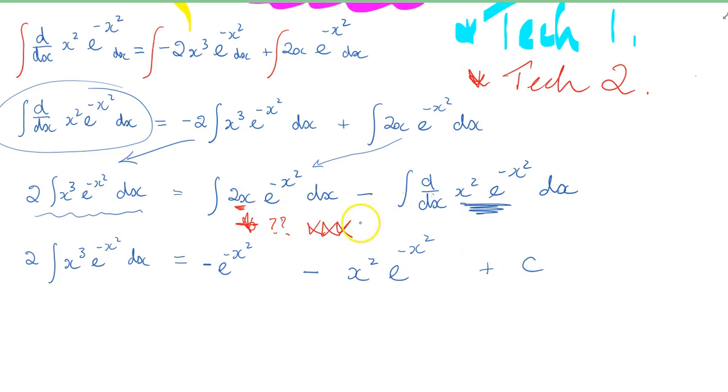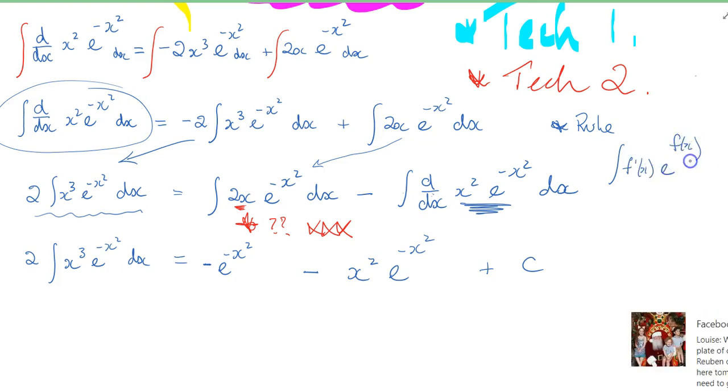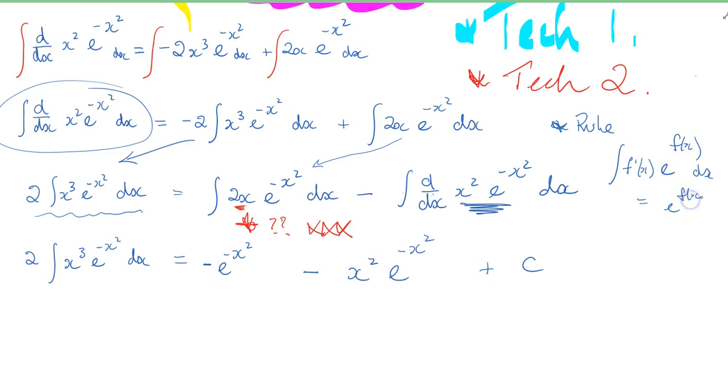Now, at this point here, recognizing that we've got the function in the derivative of the function in x, we might have recalled not so much a technique, but a rule that if we've got the integral of f dash x of e to some function in x, then that is equal to e to that function in x. The actual derivative of the function must be appearing at the front.